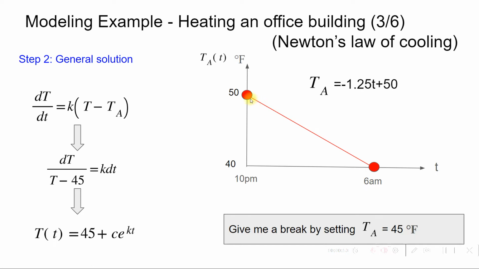If TA, the temperature of the surrounding medium, decreases at a steady rate, we can postulate that the function of TA is a linear function, which is shown here.